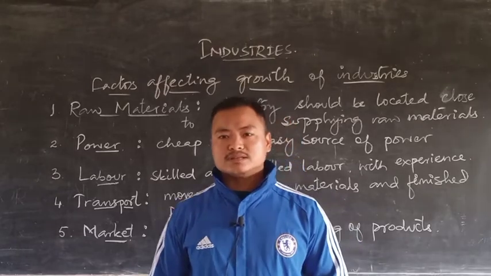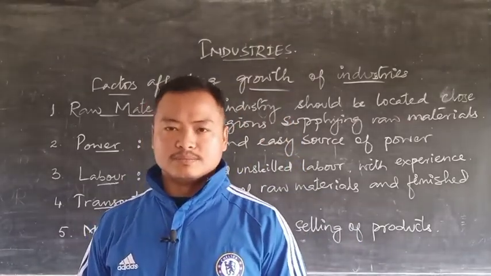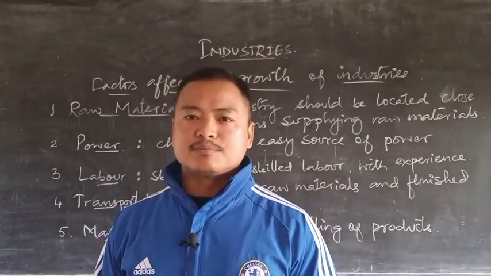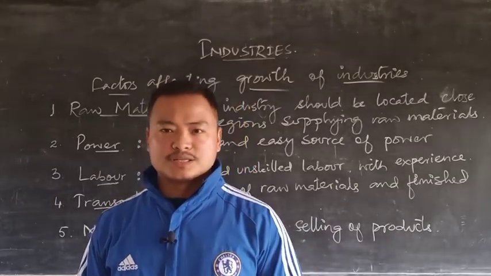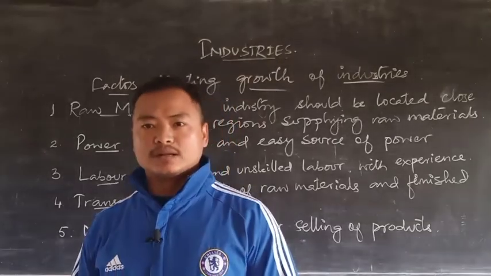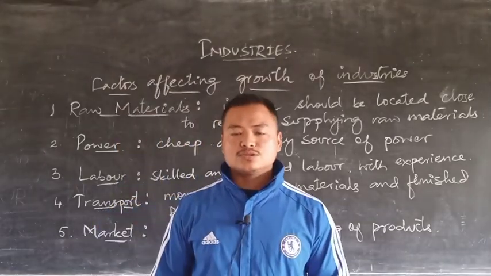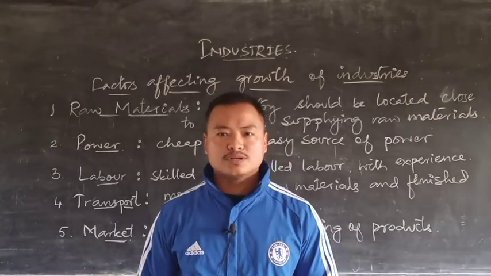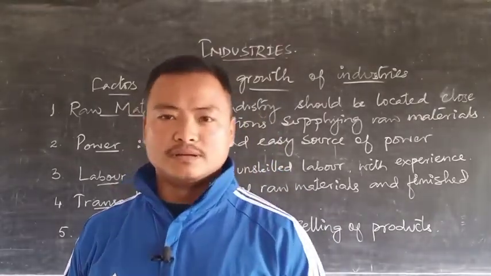So this is the reason why there has to be a closer proximity to the market. A market at a distant place also increases the cost of transportation from the factory to that market. So, in order to cut the transportation cost, closer proximity to the market becomes vital.